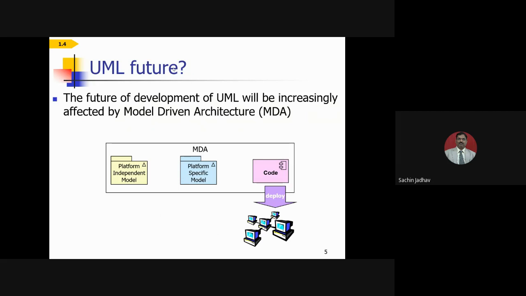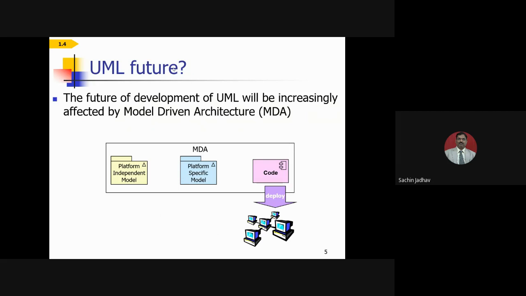Then, if you want to implement a Java-based specific model, all the classes are considered by considering Java. The integration between classes, or the relationships between classes, are considered with the help of JDBC connectivity, right? So there are these specific models, or a .NET-based specific model.